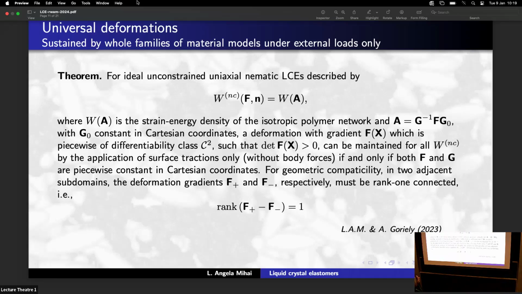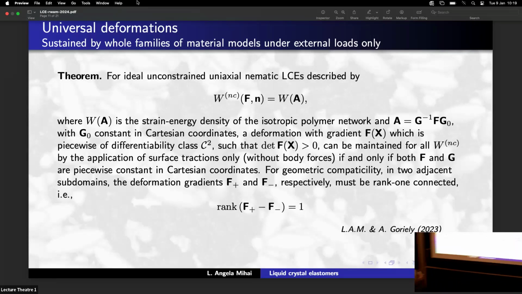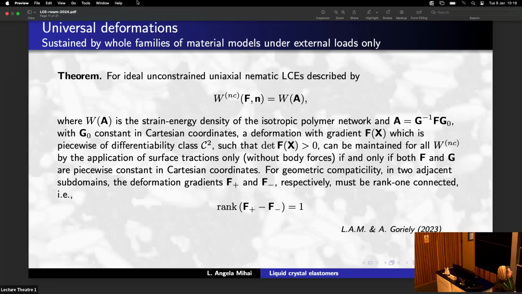in that case, if G0, the gradient of the nematic deformation in the reference configuration, is constant, and if the deformation gradient on macroscopic scale is piecewise differentiable of class C2 with a positive determinant, the positive determinant simply says that there is no interpenetration of the material.